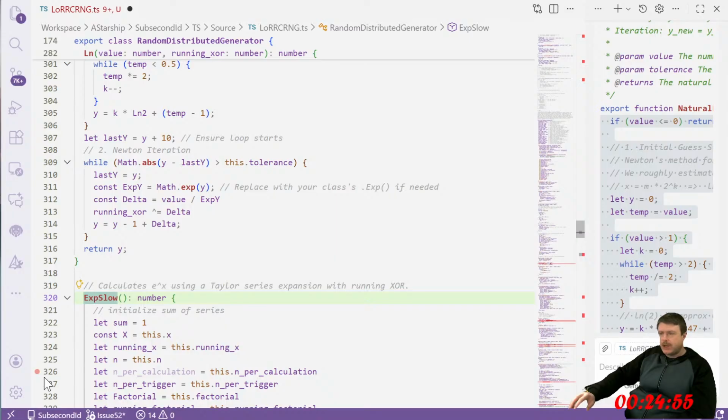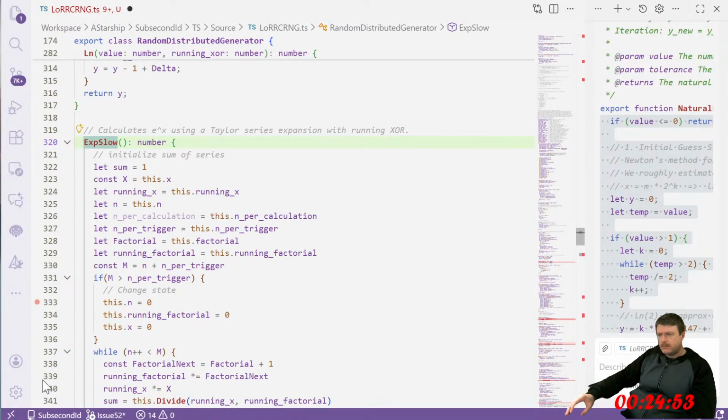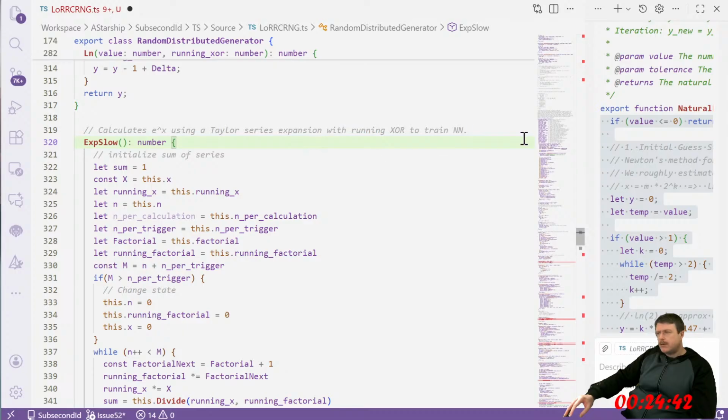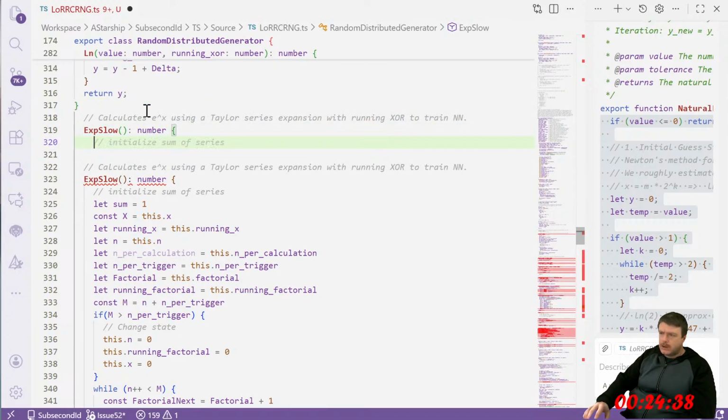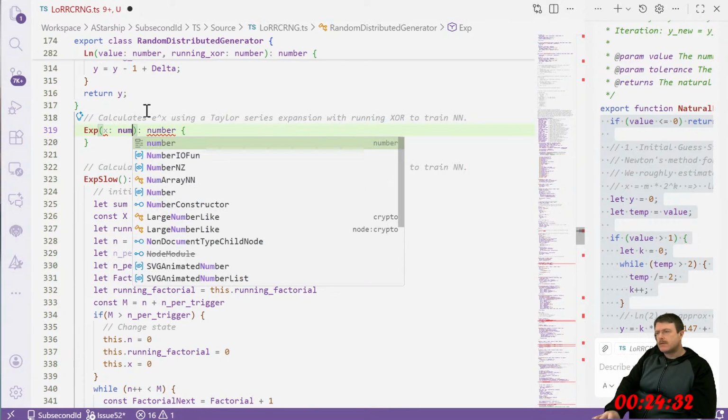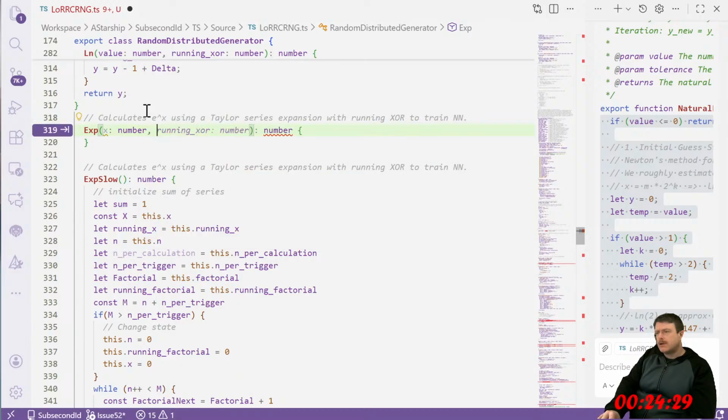I could call this slow, and then we'll take another one that's faster, e to the x, and then running XOR.